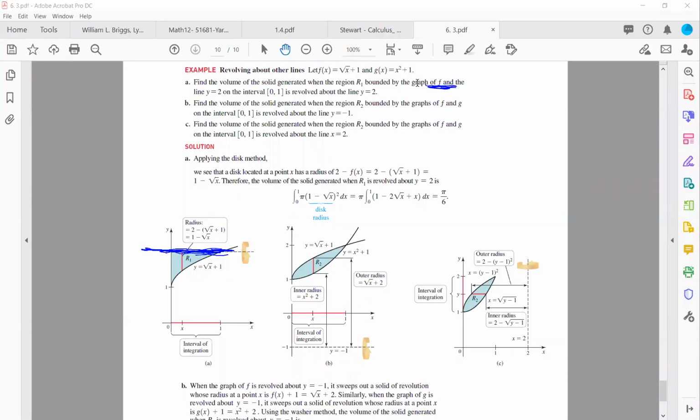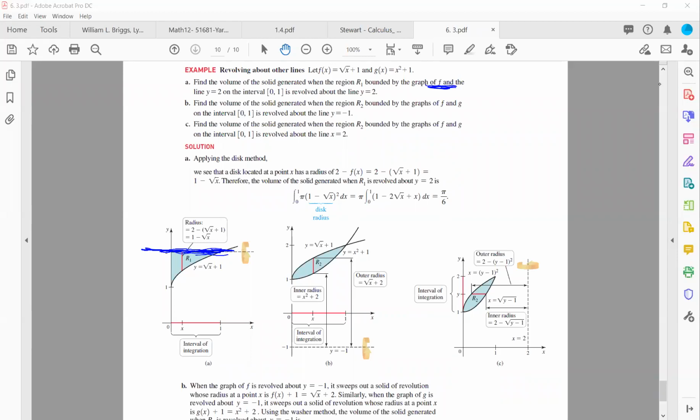Very well. Now that we have the radius, we can easily find the volume. We know that x ranges between 0 and 1. We have pi, and we have (1 minus square root of x) squared, pi r squared. Perfect. 1 minus square root of x times 1 minus square root of x gives you 1 minus 2 square root of x plus x.